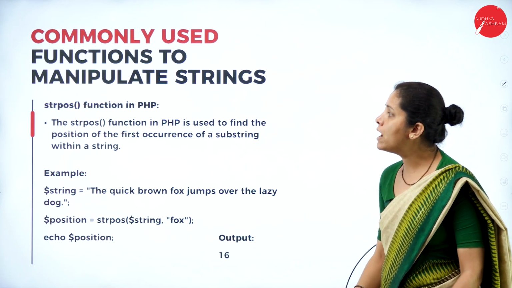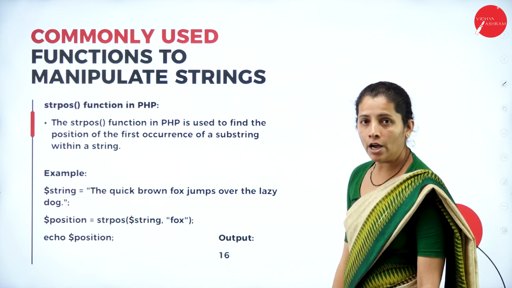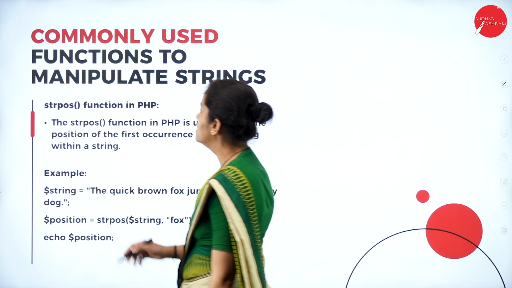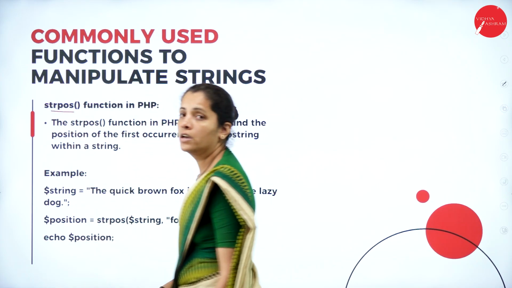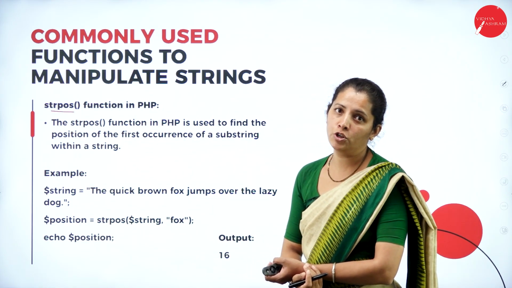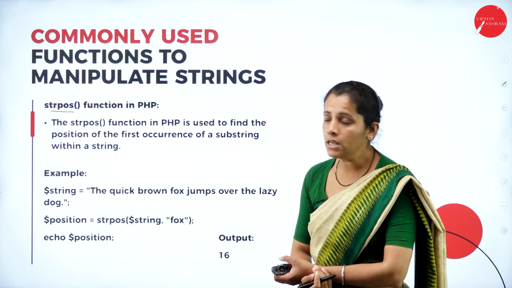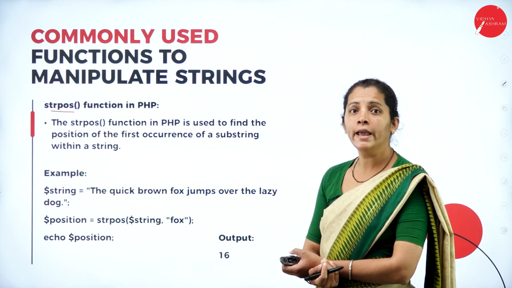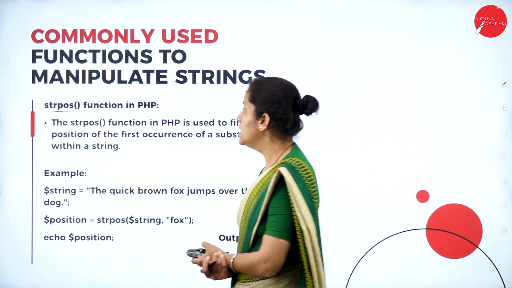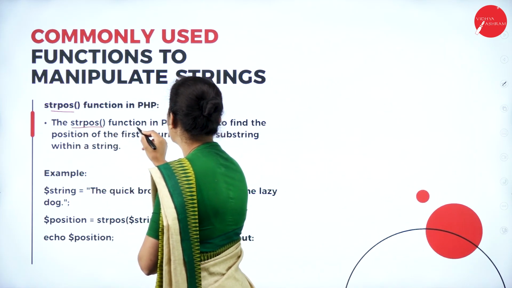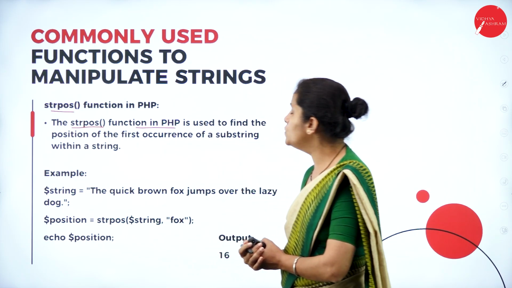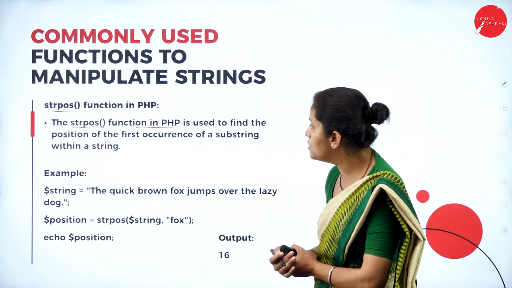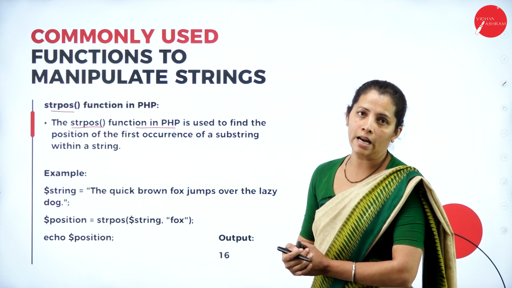Now I have one more important built-in function, that is strpos. If you want to know the position of a given string, then I can use a function called strpos. The strpos function in PHP is used to find the position of the first occurrence.